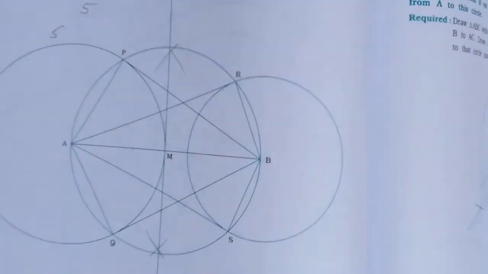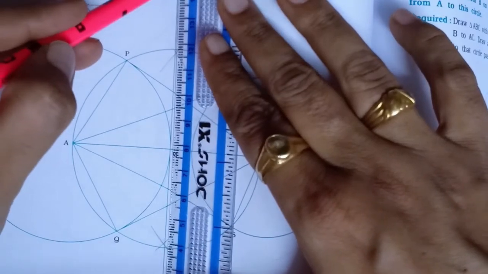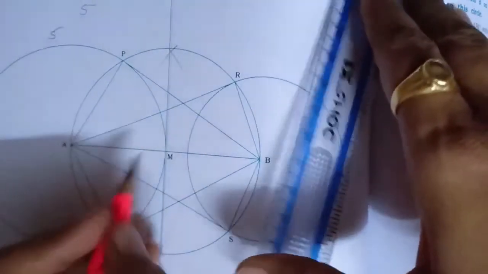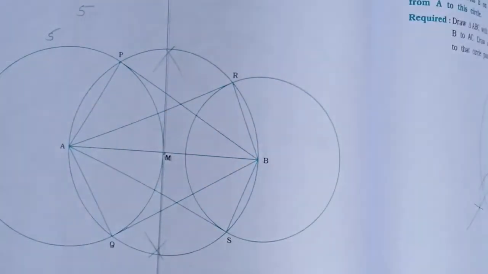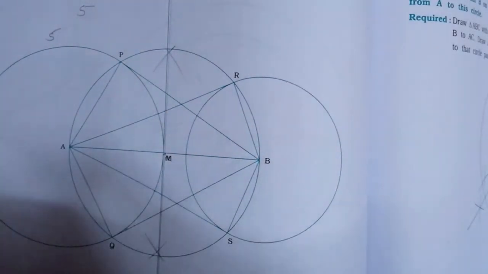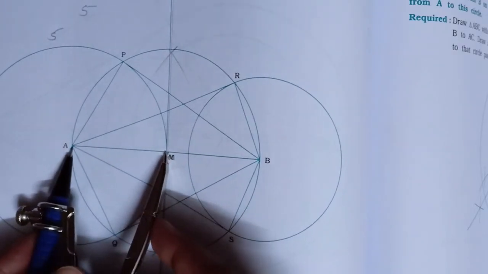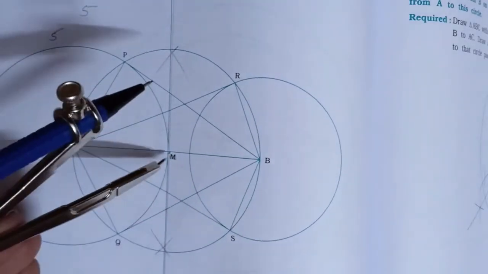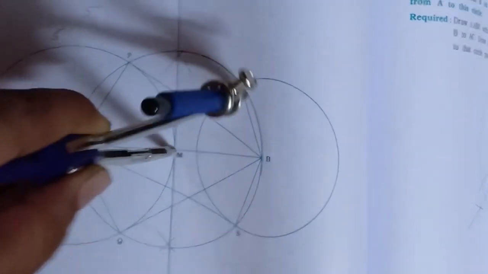Now join the intersecting points. So M intersects AB at the midpoint. Now take the radius of AM. Now center at M, draw a circle with center M.